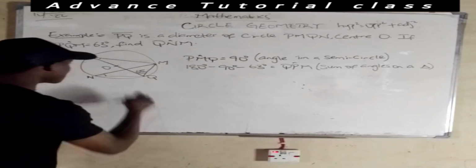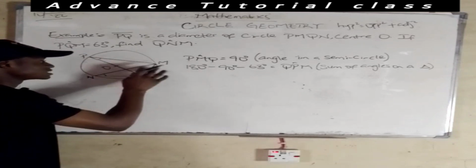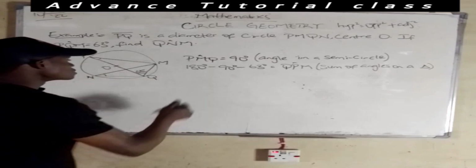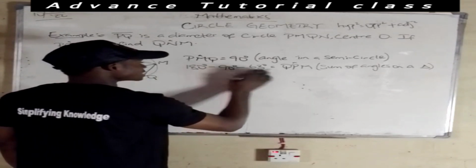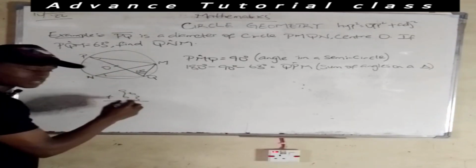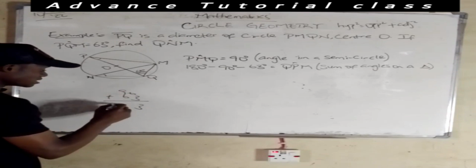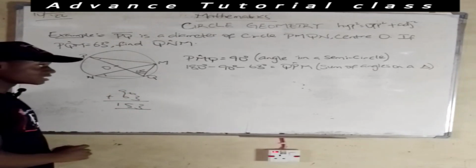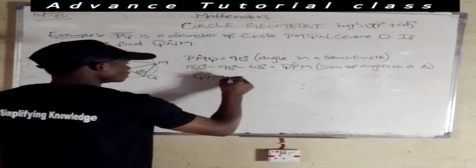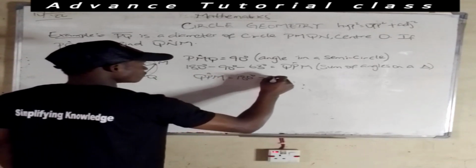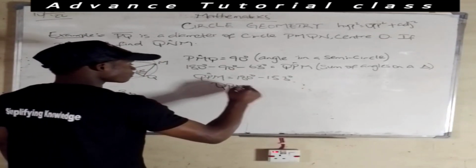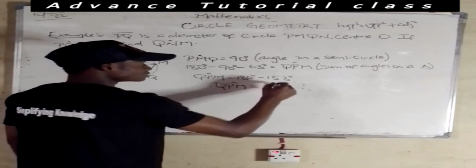So if I remove 63 and 90 degrees from 180 degrees, what I'll be left with is angle QPM. If I add up 90 plus 63, 0 plus 3 is 3, and 9 plus 6 is 15. So that's 153 degrees. That becomes QPM equals 180 degrees minus 153 degrees. So QPM equals 27 degrees.